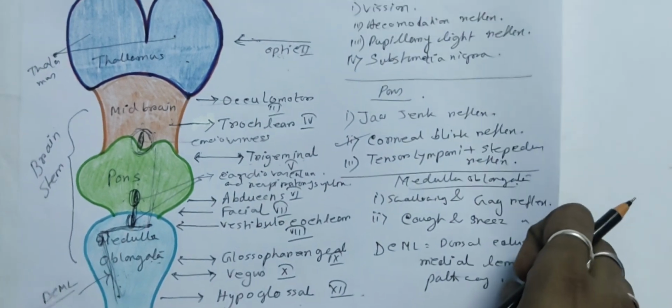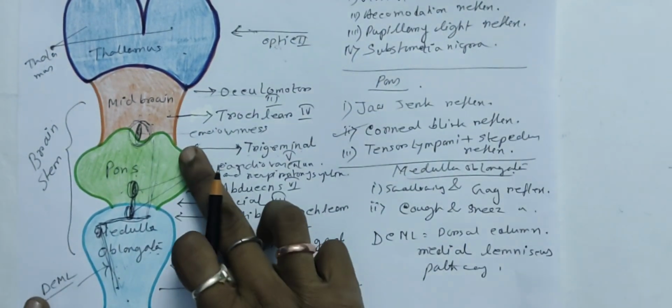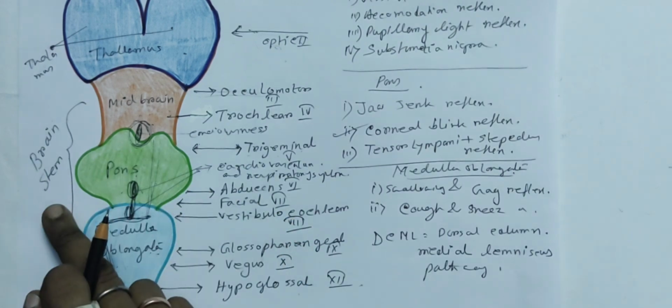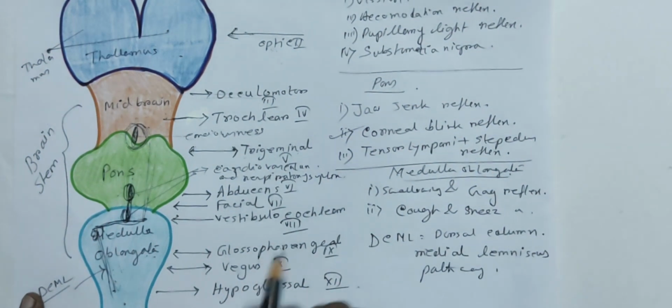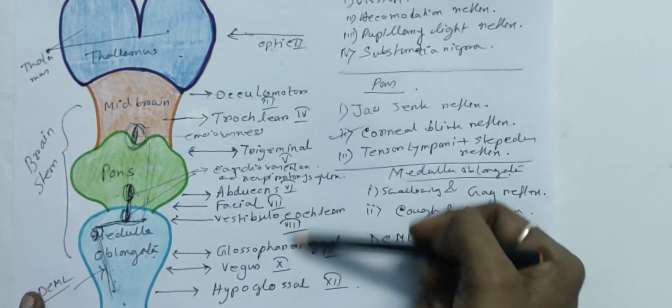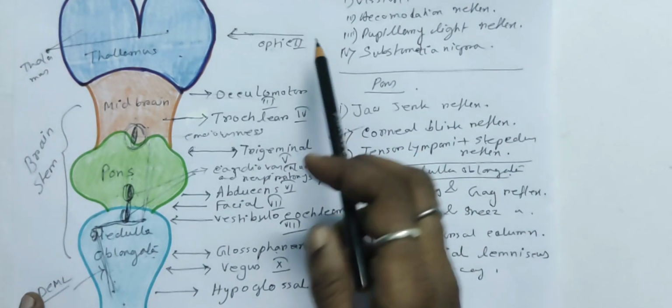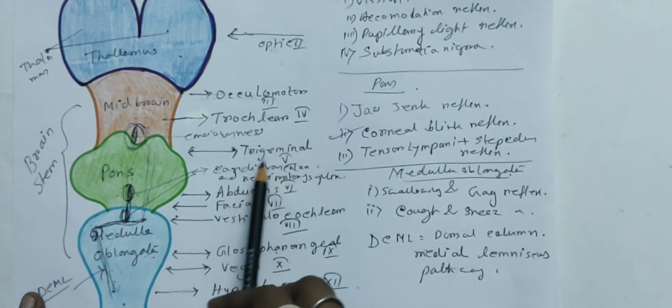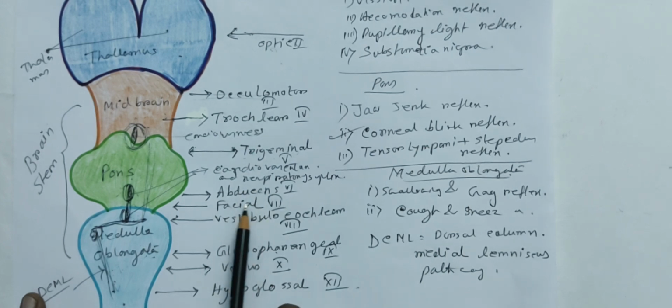The midbrain, pons and medulla oblongata, these three form the brainstem. These are the cranial nerves associated with the brainstem: optic, oculomotor, trochlear, trigeminal, abducens, facial, vestibulocochlear, glossopharyngeal, vagus and hypoglossal.